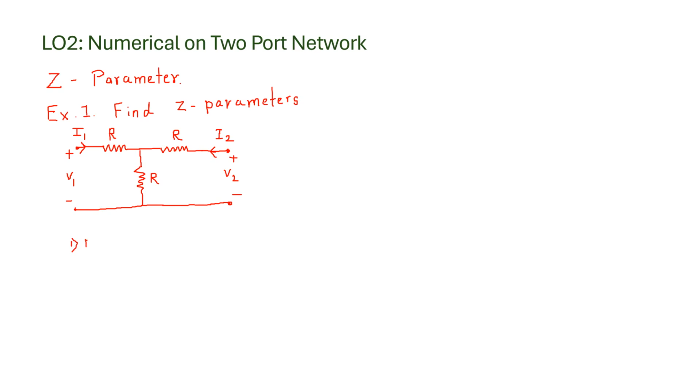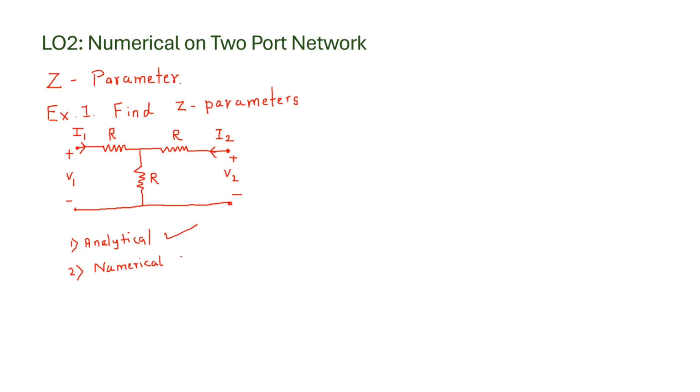One procedure is analytical. The second one is a practical way. You can also have a numerical approach. I will use the analytical approach here for finding Z parameters of this circuit.